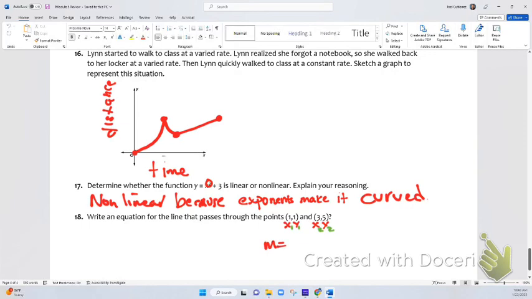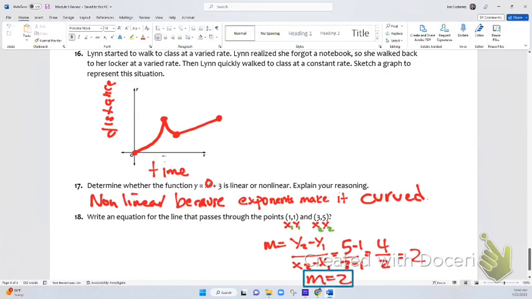In order to find slope, it's y2 minus y1 over x2 minus x1. So if I plug in what I know, this is 5 take away 1 over 3 take away 1. That gives me a 4 over 2, which gives me a 2. So that means that my slope is a 2. That's the first piece to it. That's not the final answer.